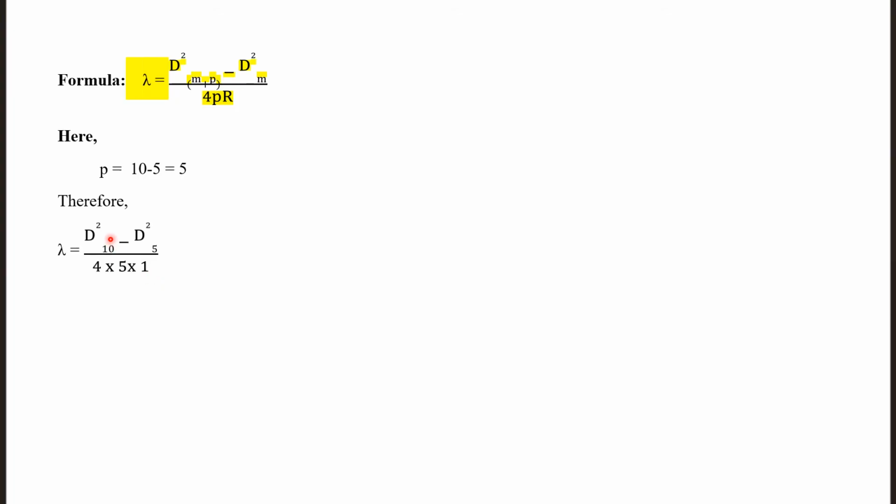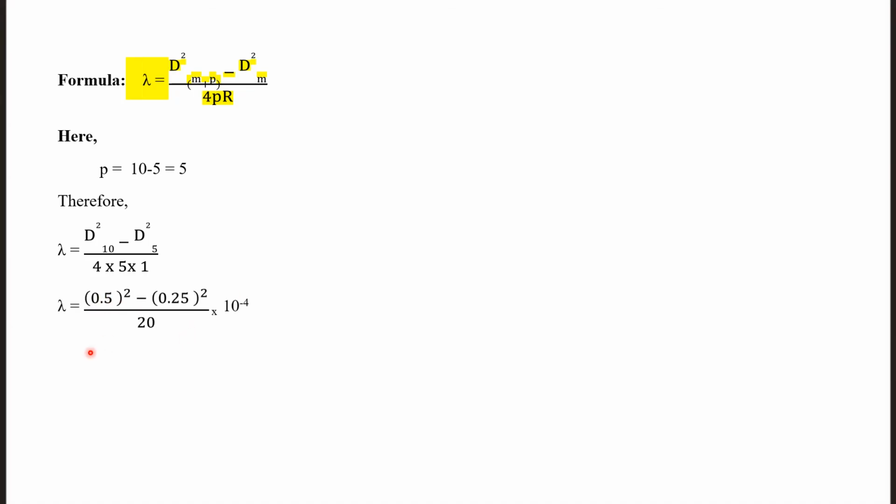The values of D10 and D5 are already provided. D10 is 0.5 and D5 is 0.25, so we take their squares divided by 20. In the given data you might have seen a factor of 10 to the power minus 2 in both cases, so we take 10 to the power minus 4 for their multiplication.